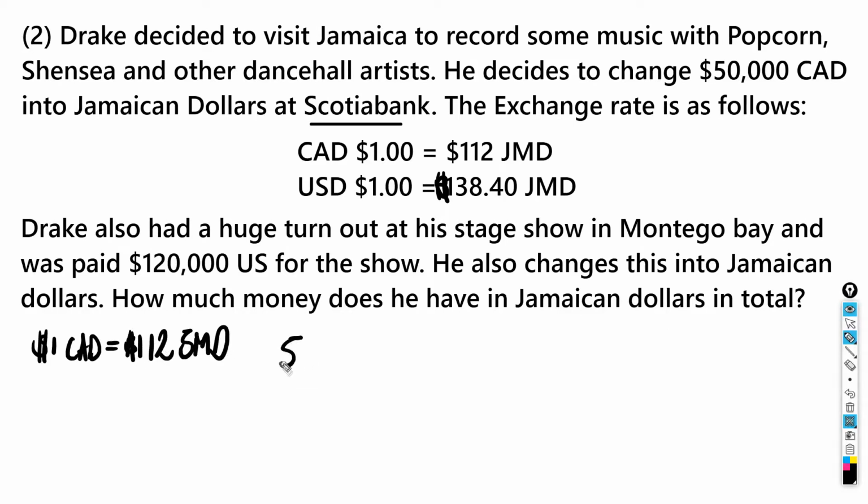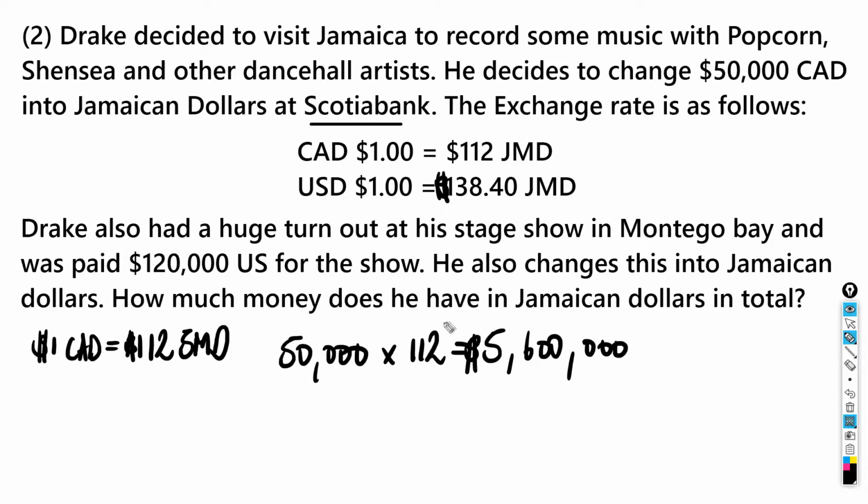So that means that 50,000 Canadian dollars multiplied by 112 would give us the amount in JMD. So let's just use our calculators. It's 50,000 times 112, and the answer is $5.6 million. Cool. Because Drake is balling like that, so clearly he can come and just ball, right?